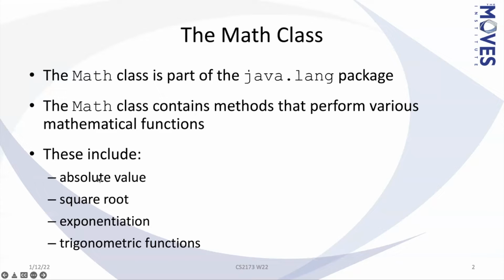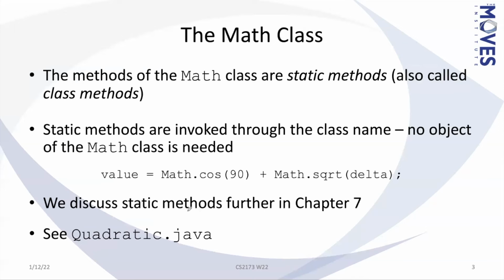So things like taking the absolute value, taking the square root of something, exponentiation, taking a number and raising it to a power, trigonometric functions. There are others like ceiling and floor, and a whole bunch of others like that. So these are, as I said, static methods, sometimes called class methods. I'll use the two interchangeably.